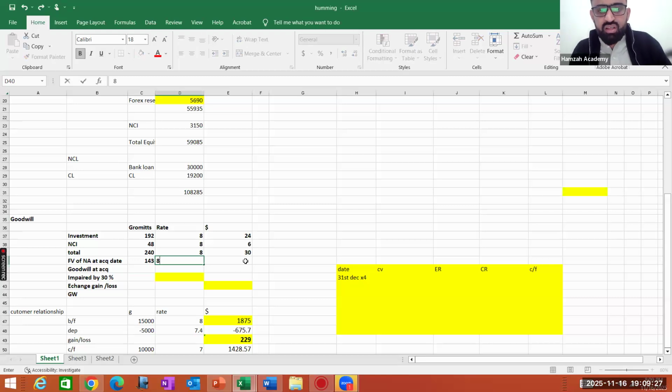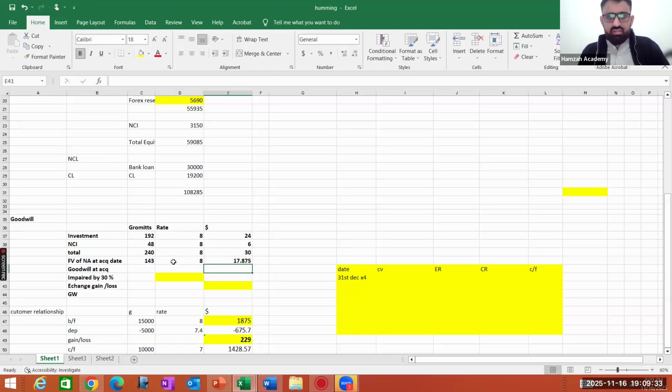But in terms of dollar, they will be translated in dollars using the exchange rate at the date of acquisition, which is 8.